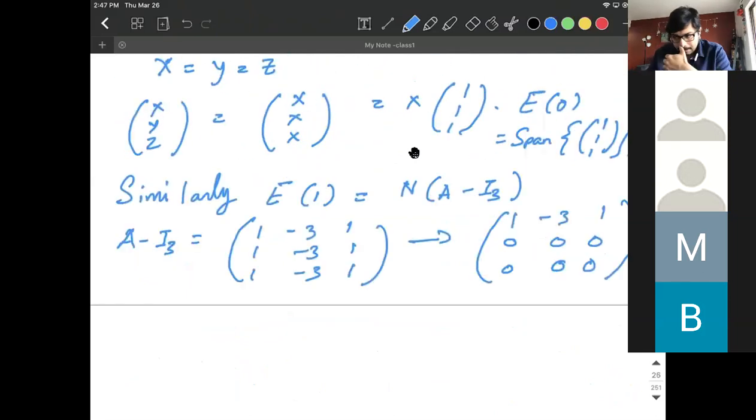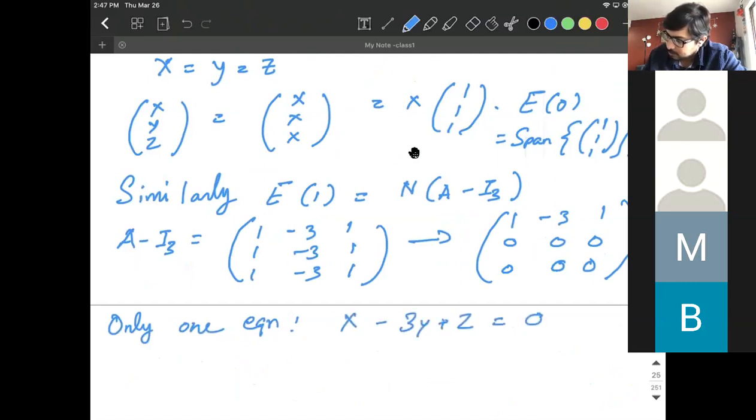Okay. And we have only one equation, namely x minus 3y plus z equals 0.